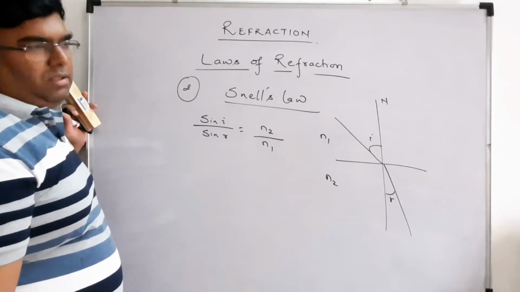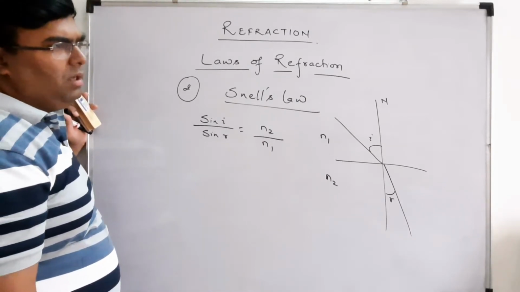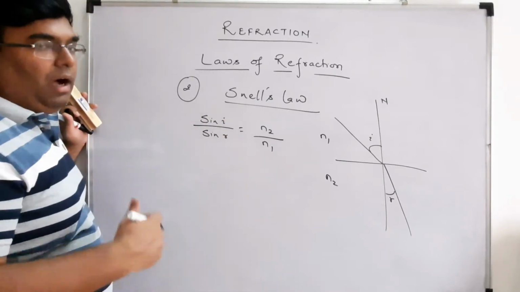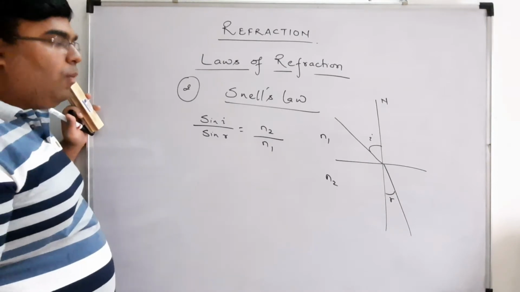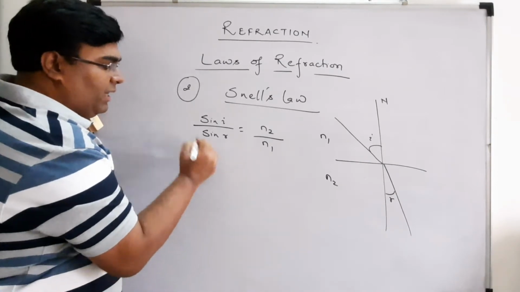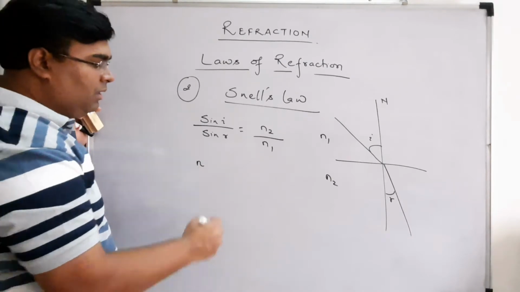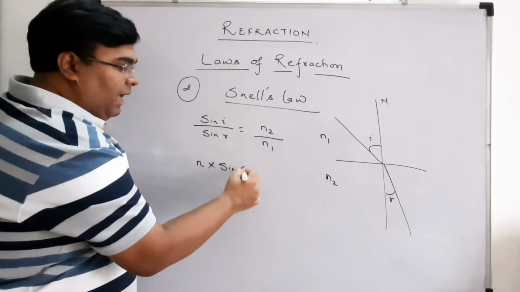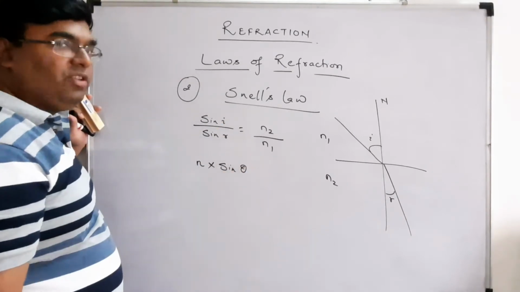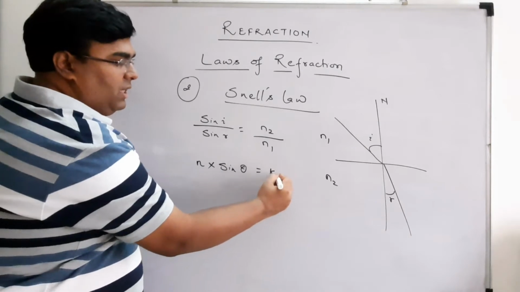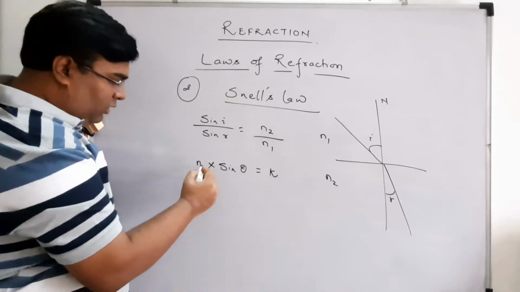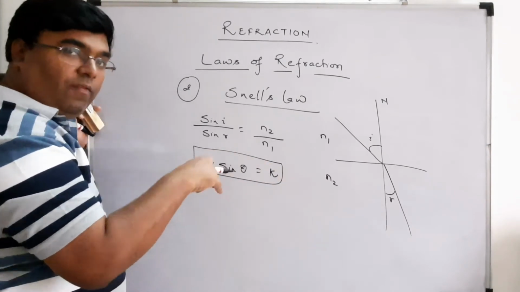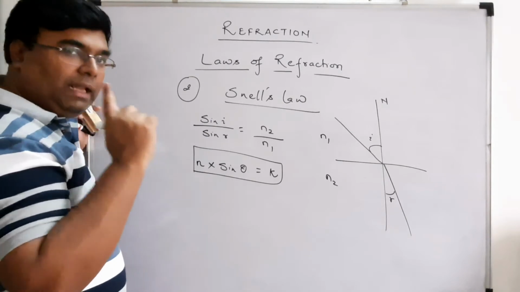In all the books, I have seen lots of books, this second law is always in this form, but I prefer to write it in the form that the refractive index of any medium multiplied by the sine of the angle made in that medium with the normal is a constant, right? The product of these two, the refractive index and sine of angle in that medium only.